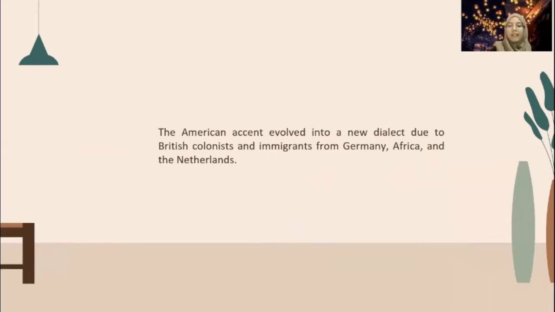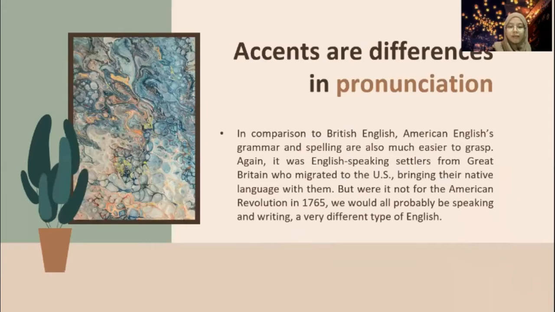The American accent evolved into a new dialect due to British colonies and immigrants from Germany, Africa, and the Netherlands. And accents are different in pronunciation. In comparison to British English, American English grammar and spelling are also much easier to grasp.